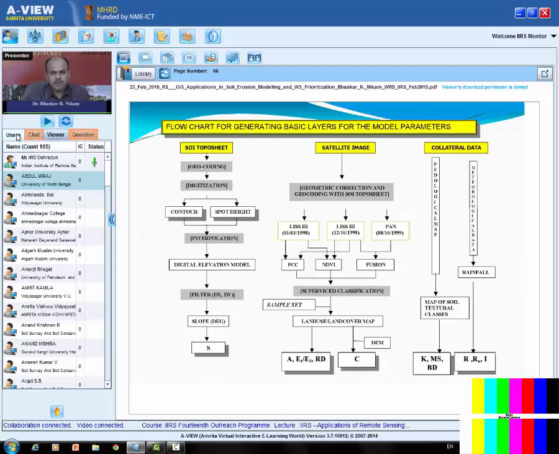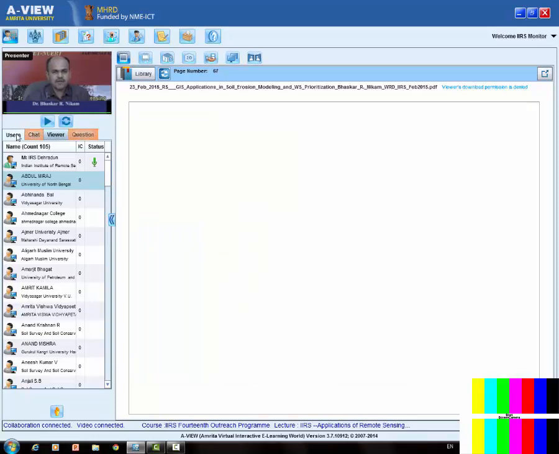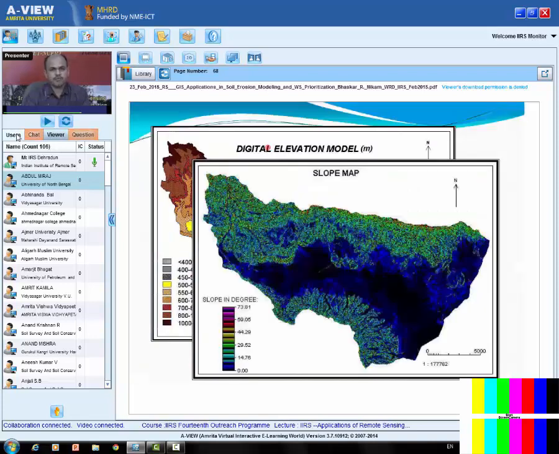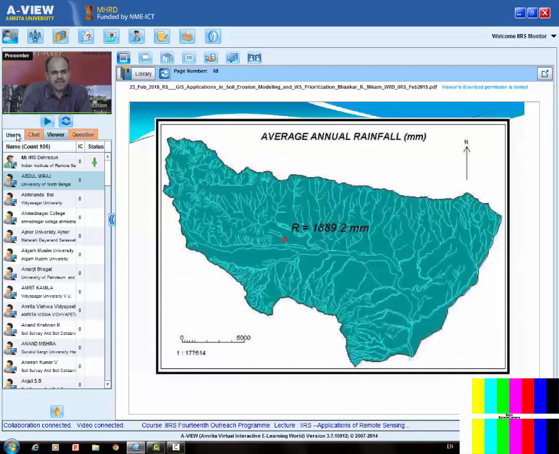Now from soil map and meteorological data, this R0, R, then intensity, from soil map K, soil moisture at field capacity, bulk density was calculated pixel by pixel basis. As you can see from remote sensing data, the land use map was developed for both the season Kharif and Rabi. From digital elevation model, the slope map has been calculated.